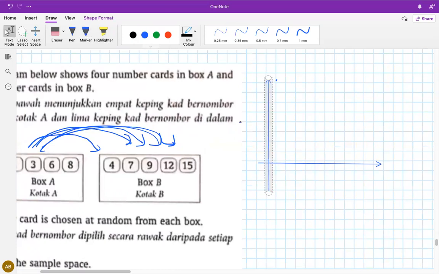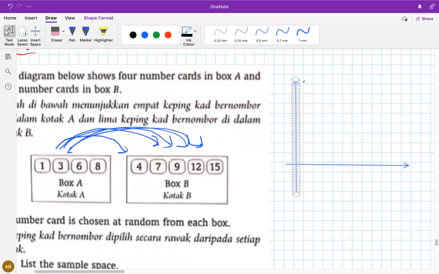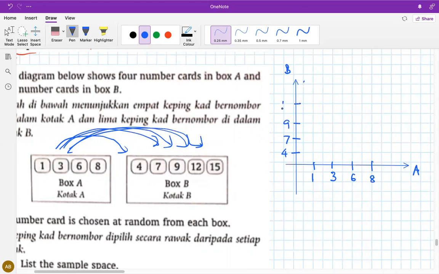So usually it is A and B. Here is 1, 3, 6, and 8. Then here will be 4, 7, 9, 12, 15.